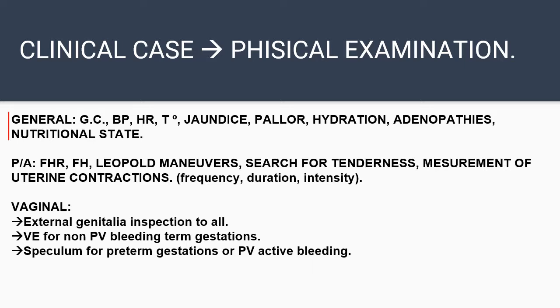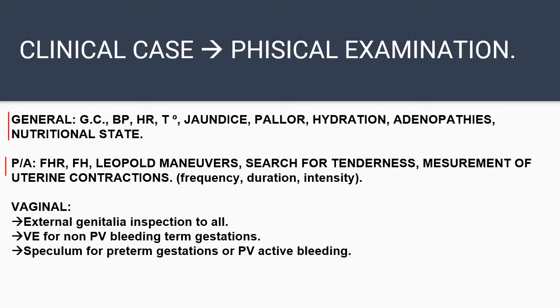After the general examination, we need to start with the per abdomen examination. That is the exam that we do on the abdomen, measuring the fetal heart rate, the fundal height, the Leopold maneuvers, that Tanya, you know very well.